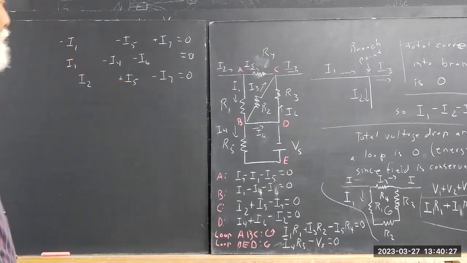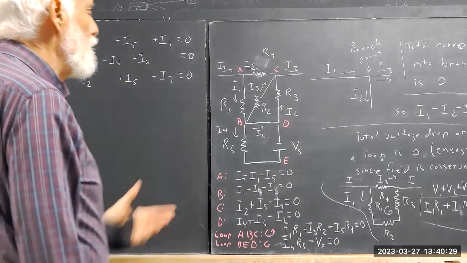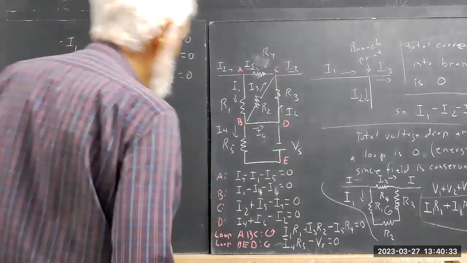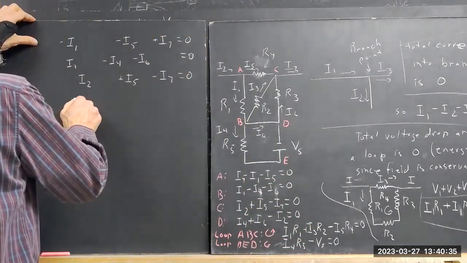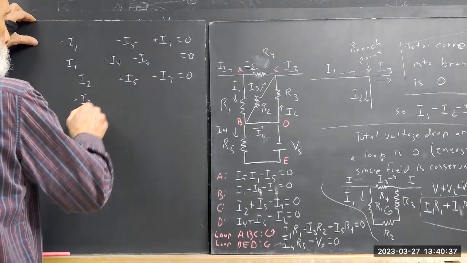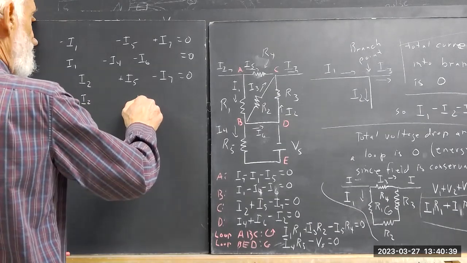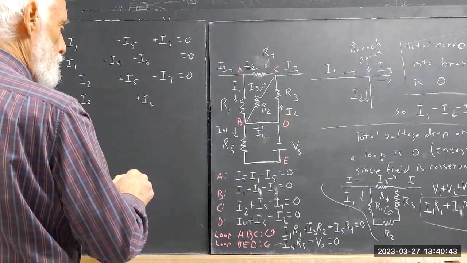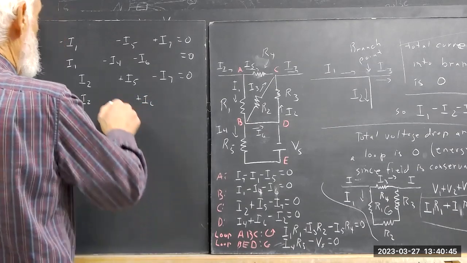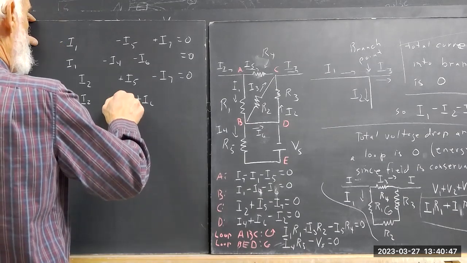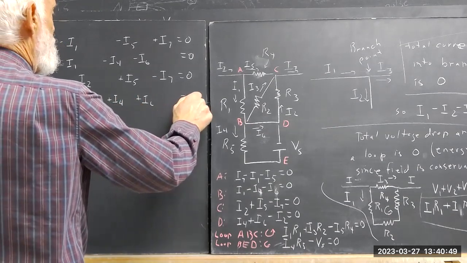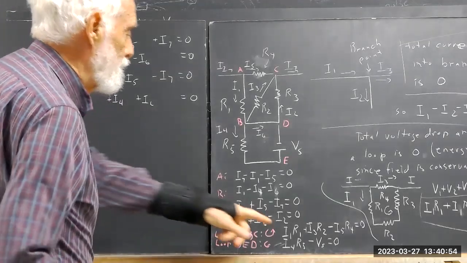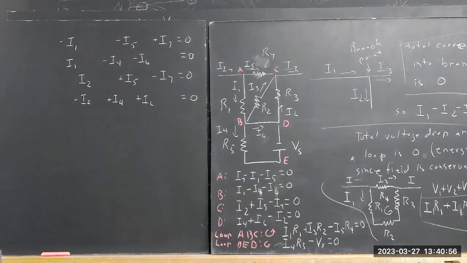So you see that there are a lot of opportunities to simplify these things. Okay, D, we're going to have a negative I2, a positive I6, and I4. That's equal to 0.